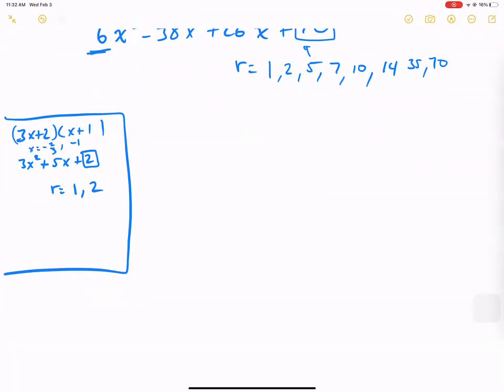Because here is the second part of our root rule. To find the roots, not only do we break apart the last value, we then divide by all the possible factors of the front value. So not only do we have 1 and 2, but we also have 1/3 and 2/3.